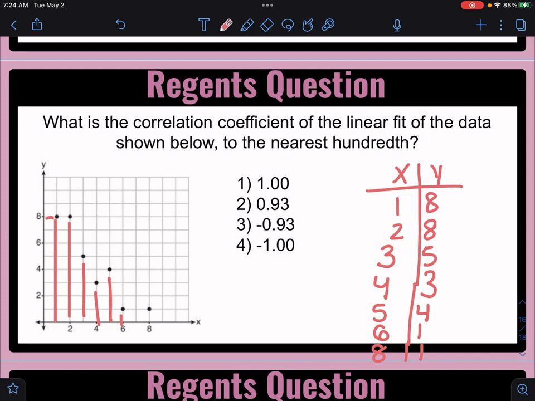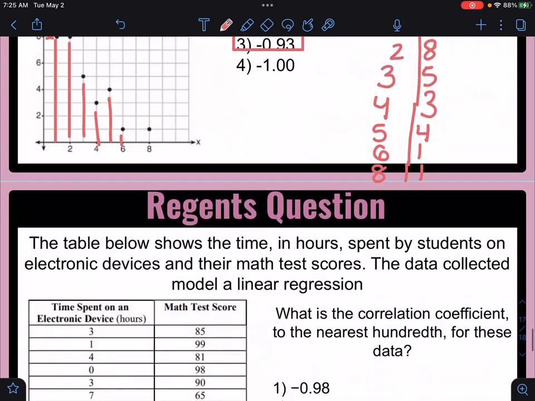Make x say x. I'm going to make y say y. And then I'm going to click OK. And I get my R value of -0.93. I knew it had to be negative because my line was going down, but it wasn't going down in a 100% perfect straight line, so it is choice 3.